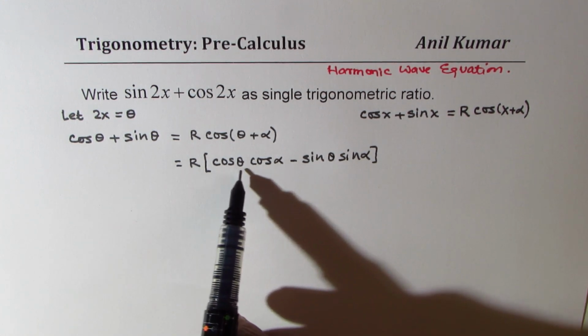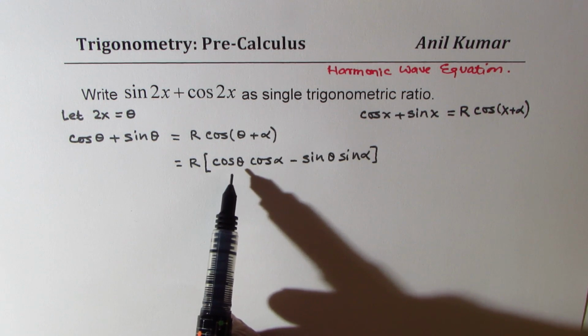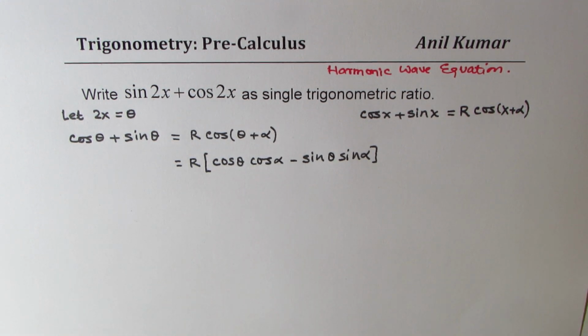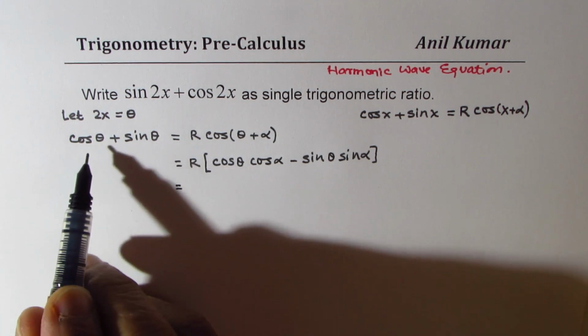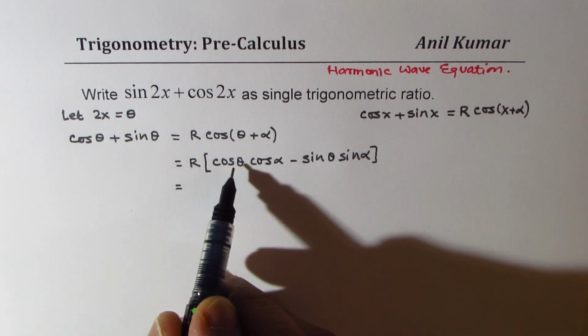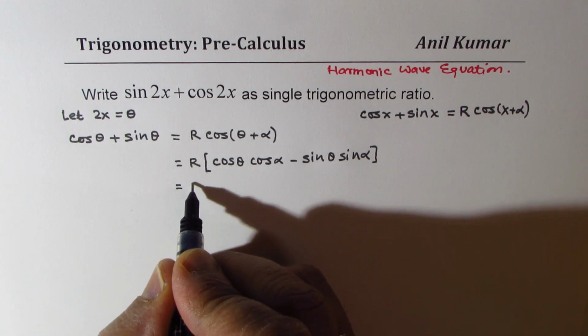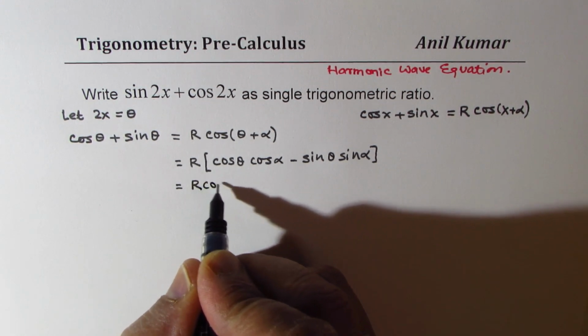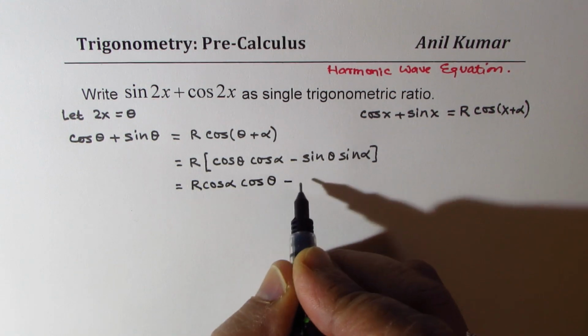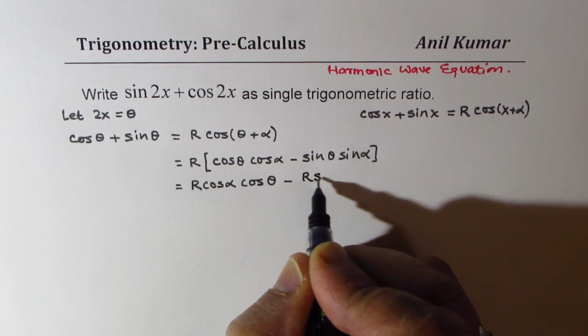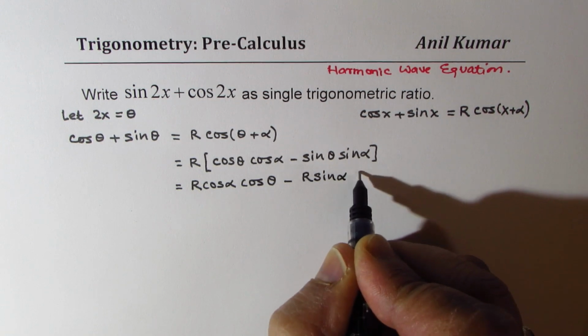Let me first expand, then we'll compare, right? So we have r cos theta cos alpha. Let me write this as r cos alpha cos theta minus r sin alpha sin theta.